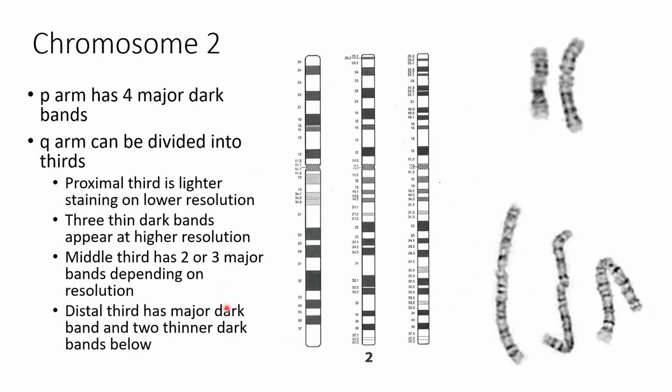So 2 is usually about the same size as chromosome 1, but the centromere is appreciably in a different position. This is more of a submetacentric chromosome. And 2P has 4 major dark bands that you can see on the ideograms here.